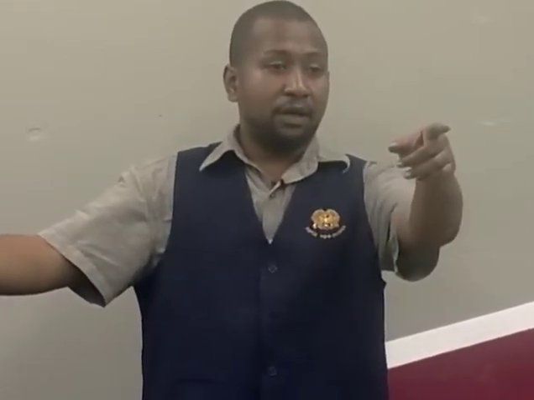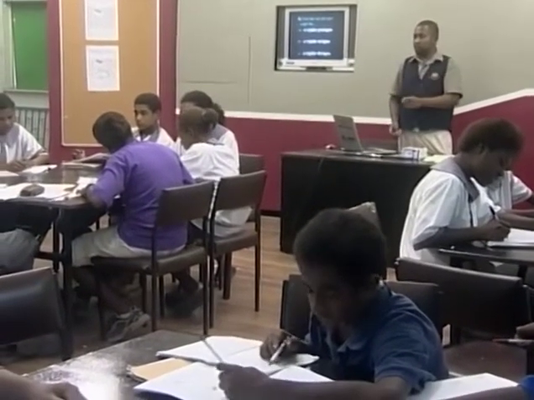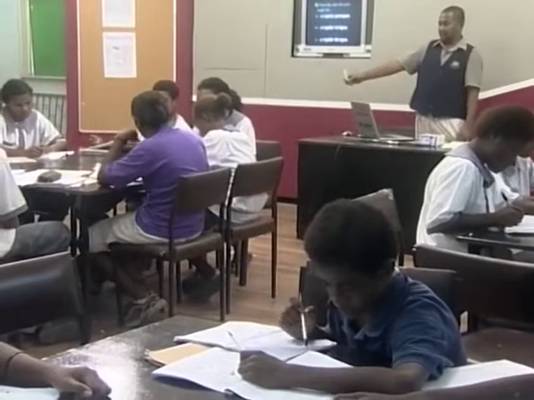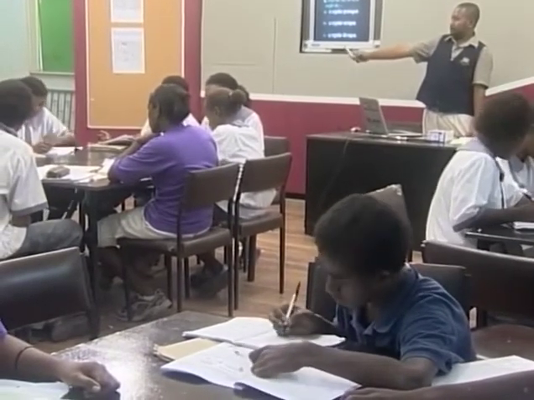And group number 5 at the back, you have a presenter for letter B. And group number 2, you have a presenter for letter C.